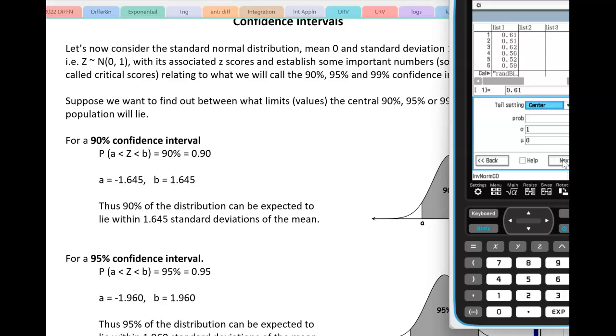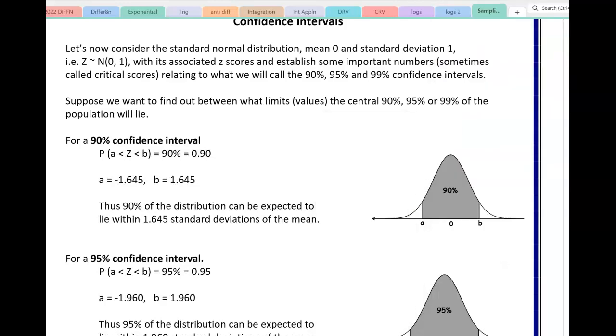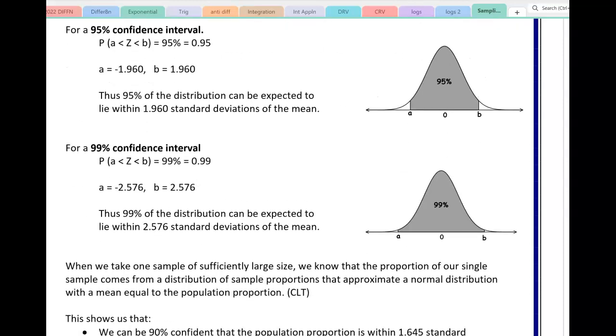Okay, so if we go to the centre-tail setting, just to show you, probability of 0.9, the standard scores associated with that, you can see there's your negative 1.645 and 1.645. So at the 90% confidence level, they're the Z scores that we would be using. And you can see that from the diagram, those A and B values.